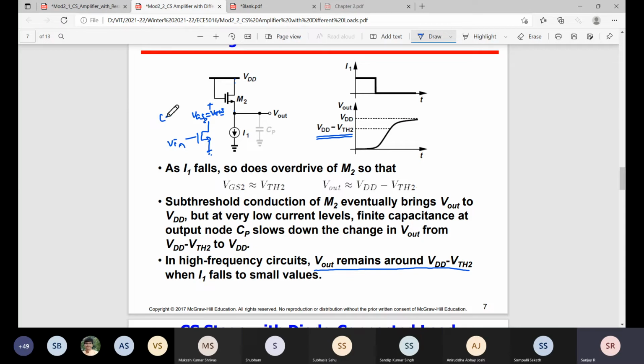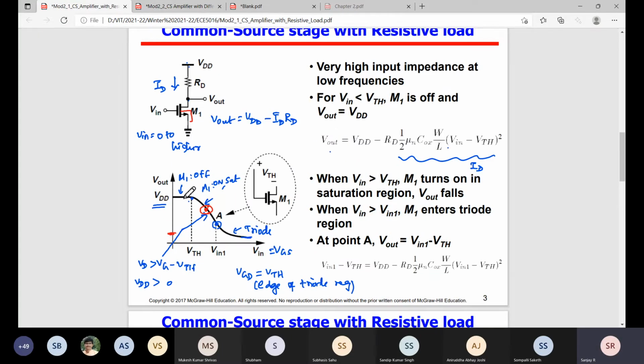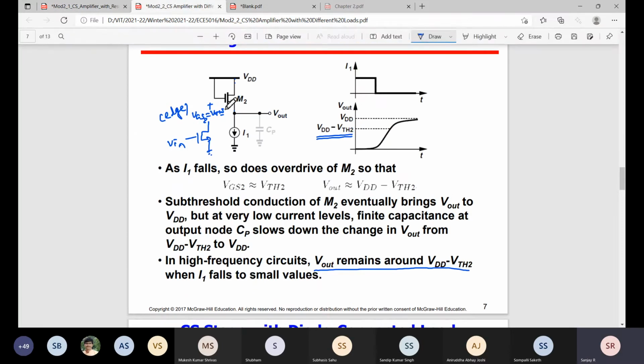So this is the edge. At the edge, the current will become low, not exactly zero, but near to zero. Beyond that, if you keep increasing Vin, the current will also become low. It should reach VDD, but how will VDD come? Only due to capacitor charging and discharging.